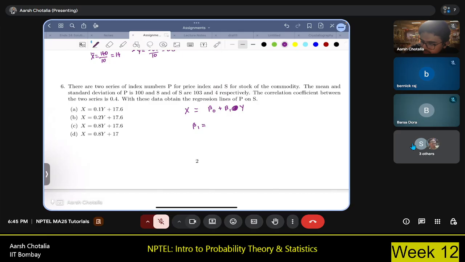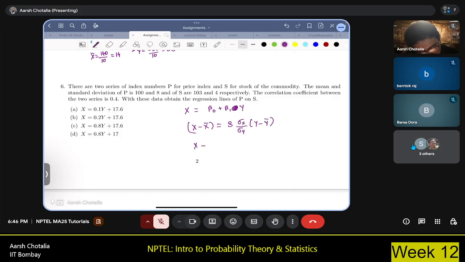Keep on forgetting. Yeah, we can use this one: x minus x bar is equal to rho times sigma x by sigma y, times y minus y bar. Why do we use it? Because these are the exact things that are given in the question: rho, sigma x and sigma y.